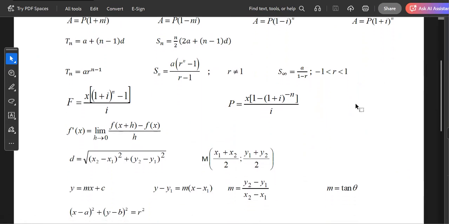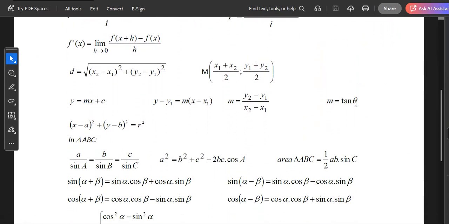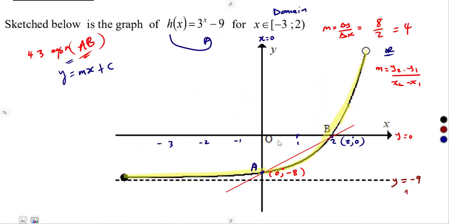As you can see, m is given as our gradient, and thus from the formula we can use (y2 minus y1) over (x2 minus x1). Meaning to say, we need to name our points x1, y1, x2, and y2. So that is x1, y1, this is x2, y2.